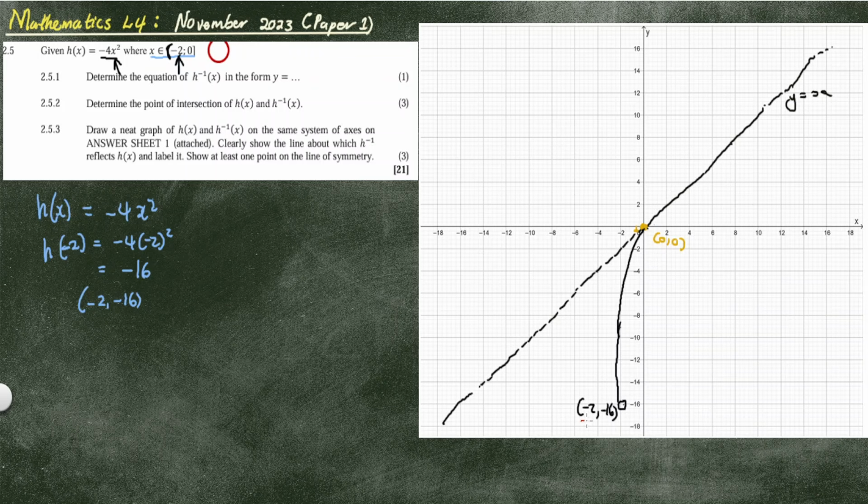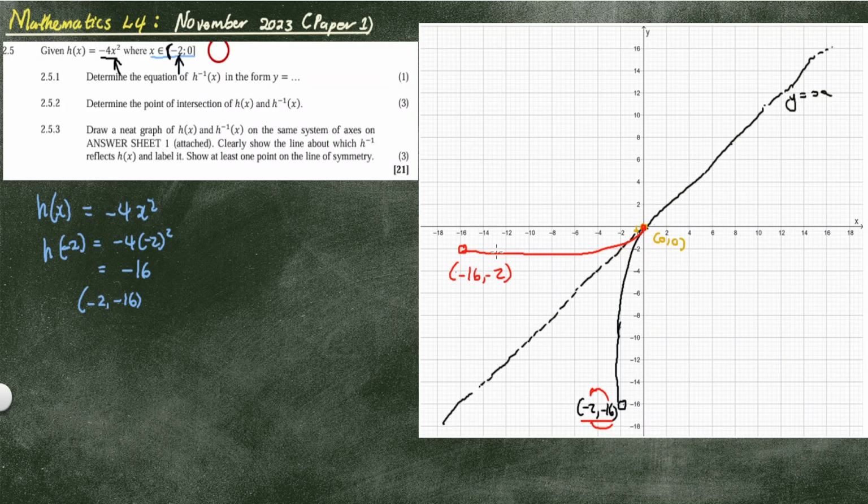We take this point and swap the coordinates, so it gives me minus 16 and minus 2. It starts at the origin and ends at something like this. So this is minus 16 and minus 2.